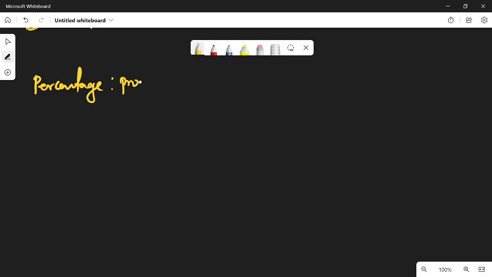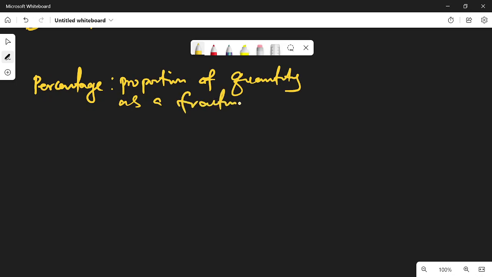So this is what percentage simply means. So it means that you interpret it as a ratio of quantity multiplied by 100.